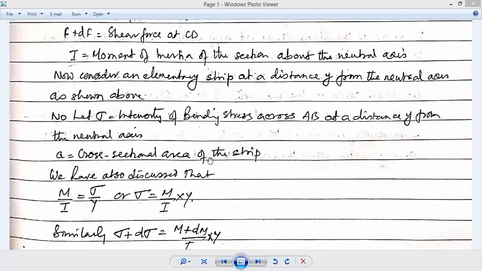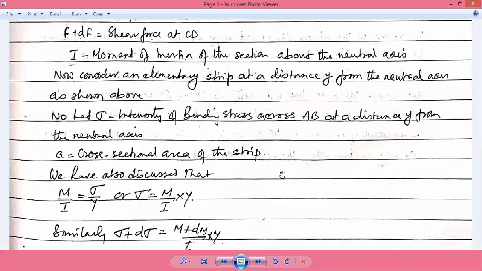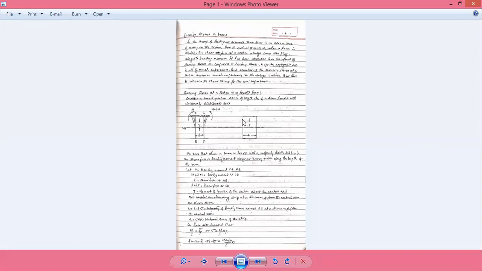I'm showing you again. If there is a strip here, it is not very clearly written, but considering there is a strip, it is the cross-sectional area of that particular strip.